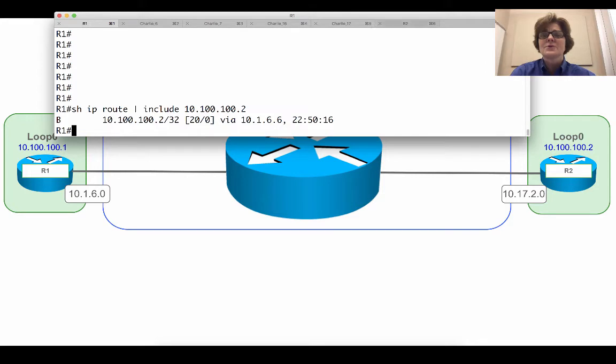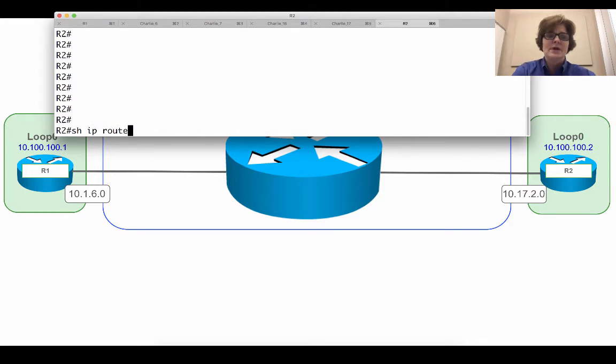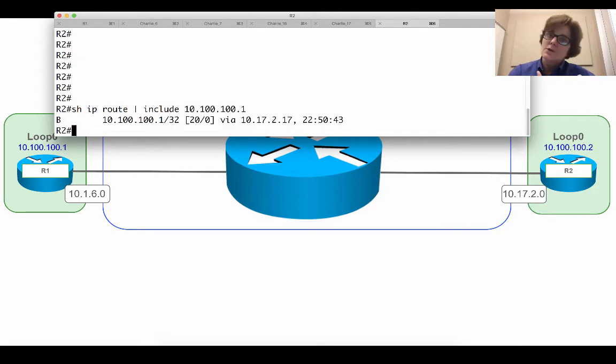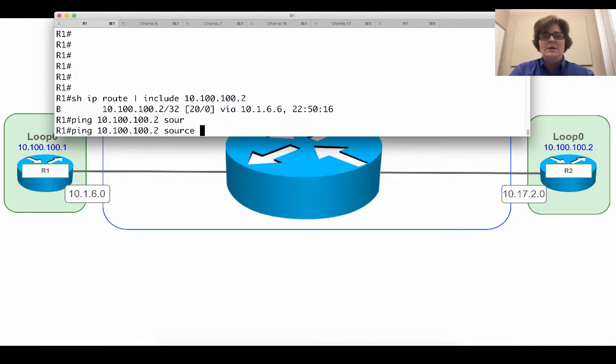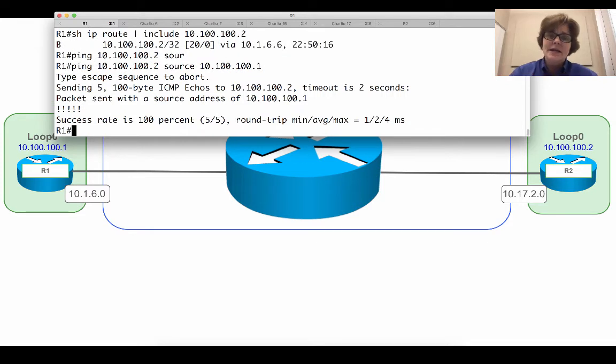Same thing as far as R2 is concerned. Show ip route including 10.100.100.1, same thing. R2 thinks it can just go to 10.17.2.17, its directly connected eBGP peer, and get there. So I do a ping to 10.100.100.2, source it from 10.100.100.1, and it goes ahead and gets there.